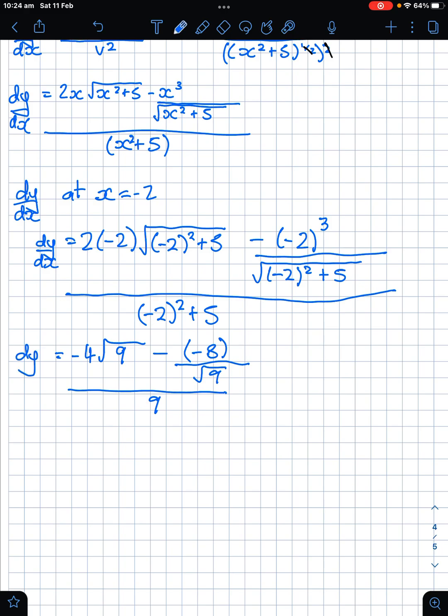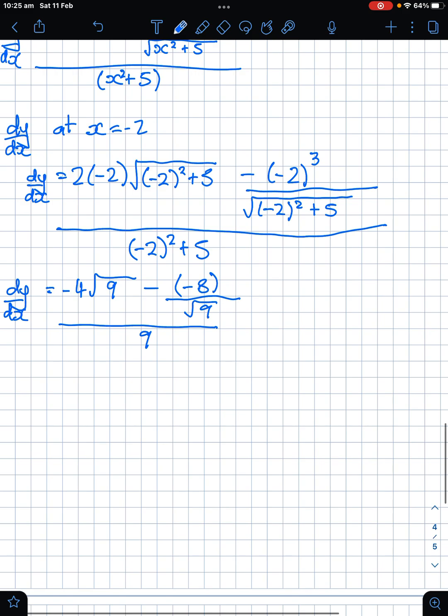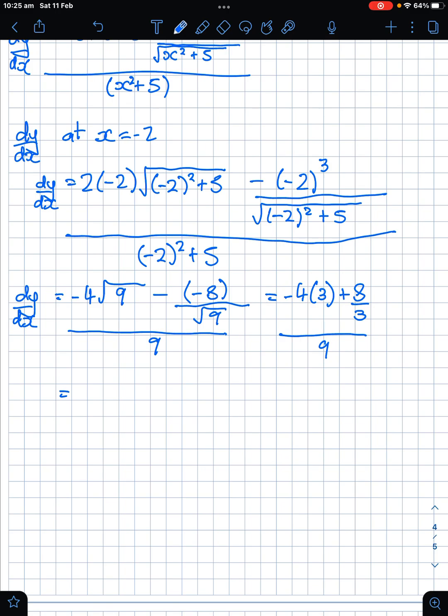Now if I clean this up a little bit more, I've got negative 4 times 3, since the square root of 9 is 3, plus 8 over 3, and this is all over 9. Next step, let's multiply this out. Because it's divided by 9, it's the same as multiplying by 1/9. So that times negative 12 plus 8 on 3.